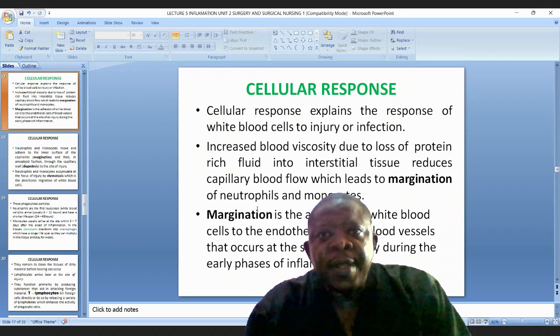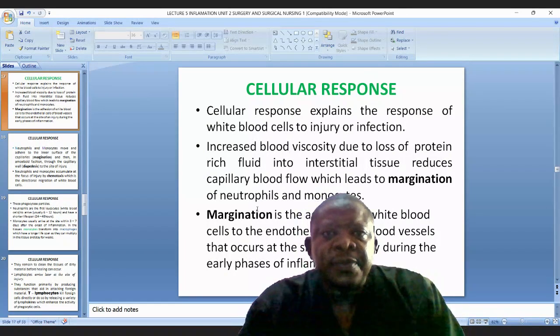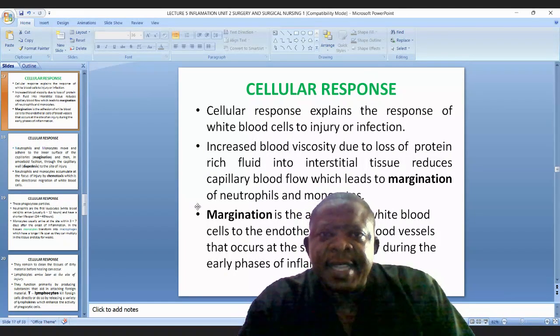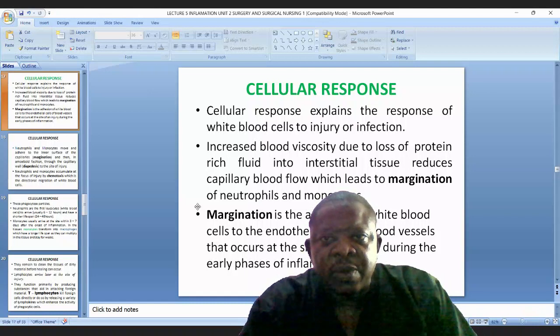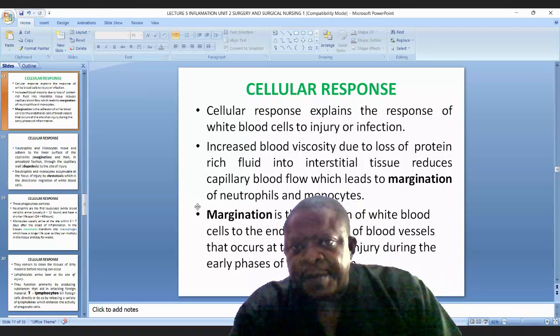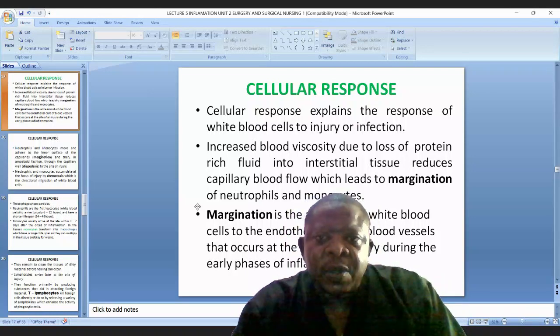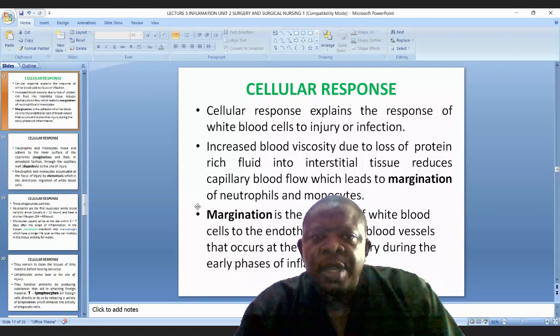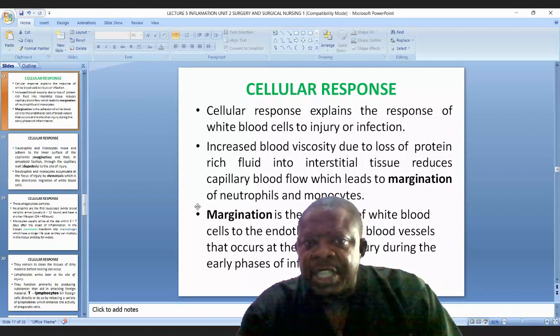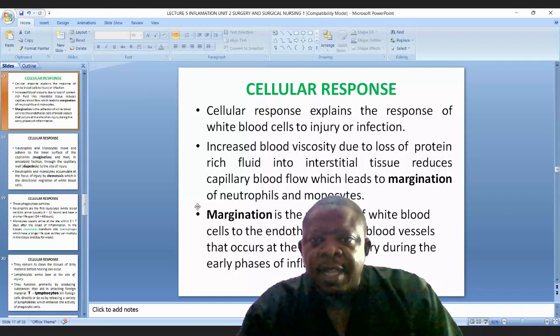Then cellular response. Cellular response explains the response of white blood cells to injury or infection. Increased blood viscosity will be due to loss of protein, which is protein rich fluid into interstitial tissue, reducing capillary blood flow, which leads to margination of neutrophils and monocytes.